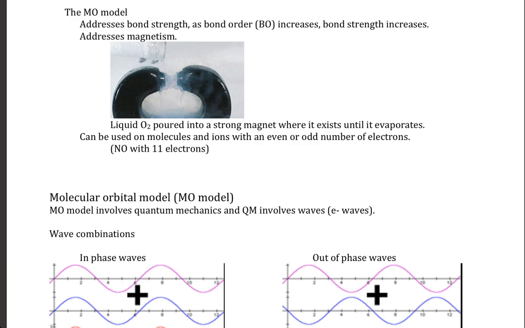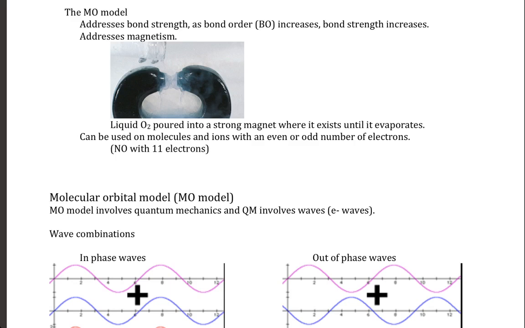And the liquid oxygen is sticking between the north and south poles until it evaporates. So, oxygen is magnetic, and we will learn why when we study this molecular orbital model.